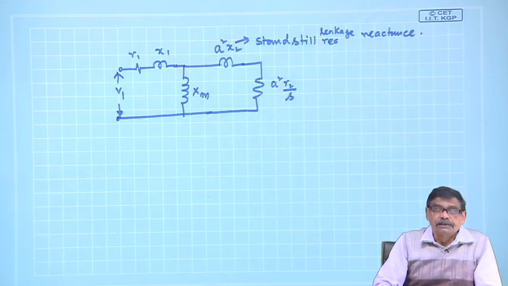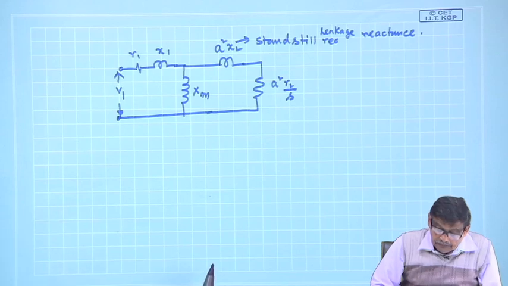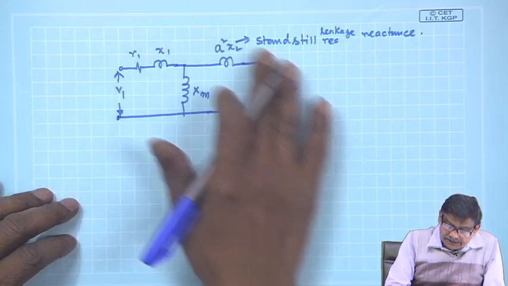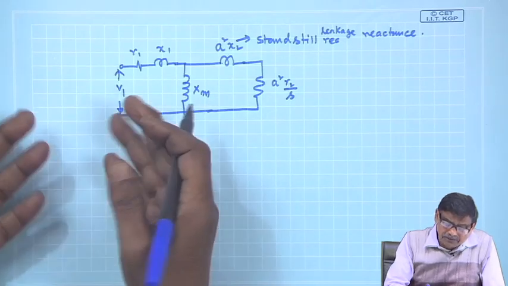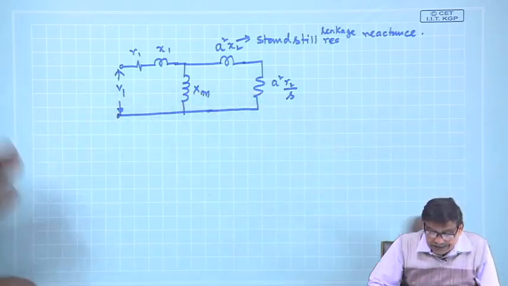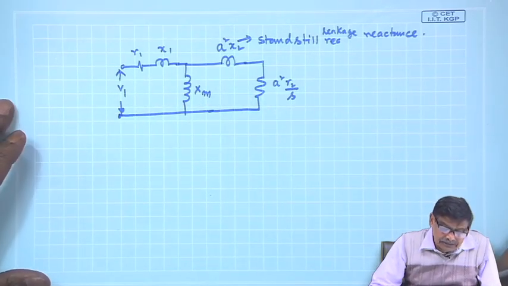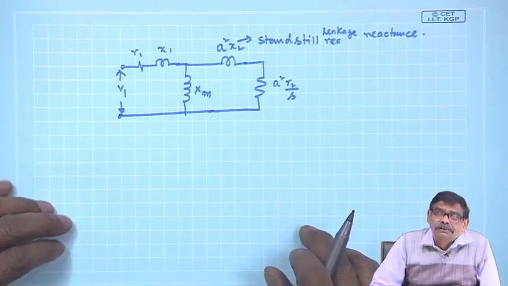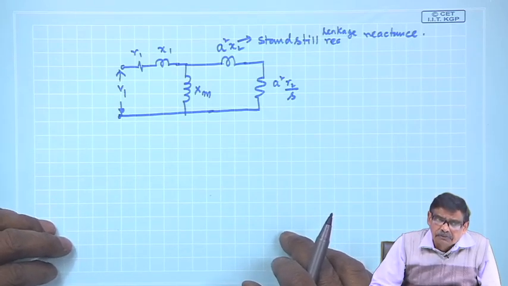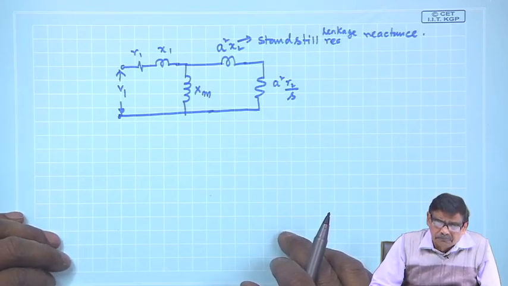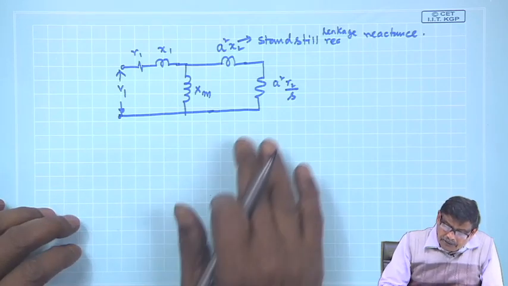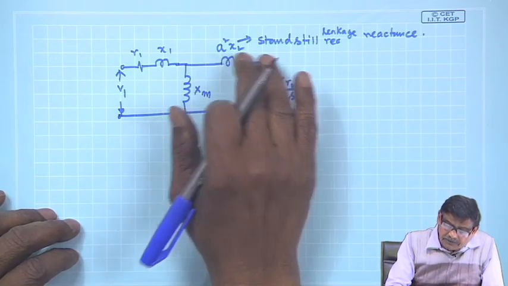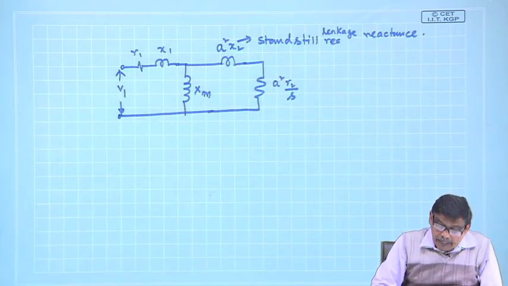S square R2 by S. Okay, so this is the equivalent circuit. You can draw it also in one stroke, citing some other reasons which are not so nice to understand. That is why I told these things. But anyway, S square R2 by S, S square X2 and so on.